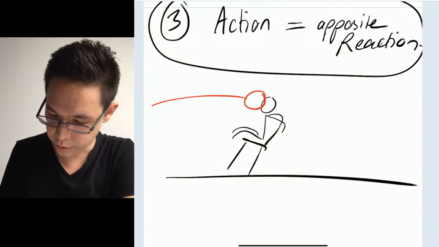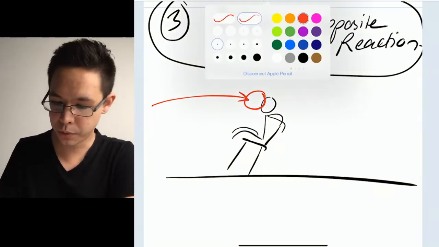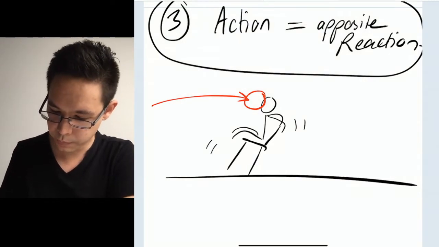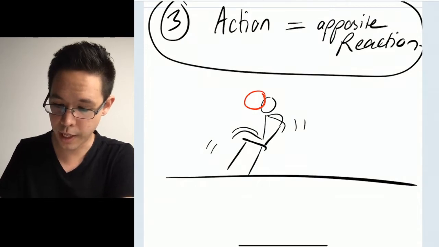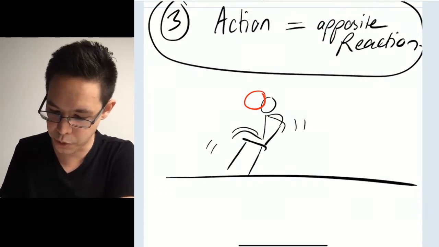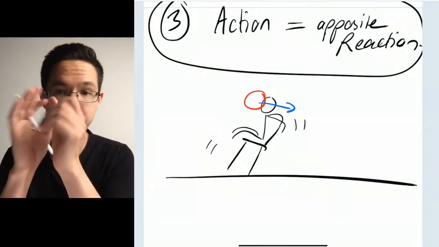Okay, so here they have thrown an object at my poor student who's doing the wrong thing. When that ball makes contact with my student's head, it's going to apply a force, isn't it? So it's going to push that way. At this moment of contact, there's going to be pushing going on.